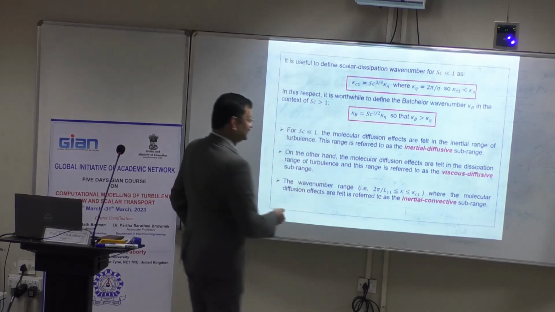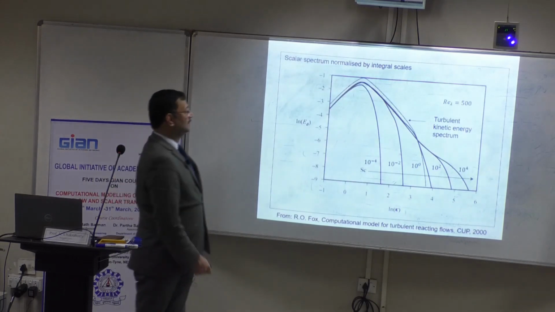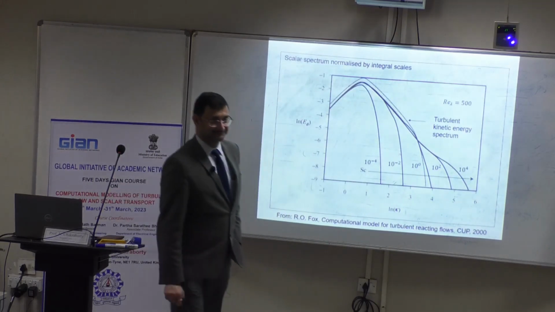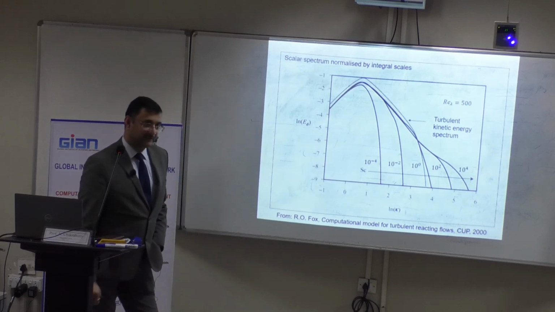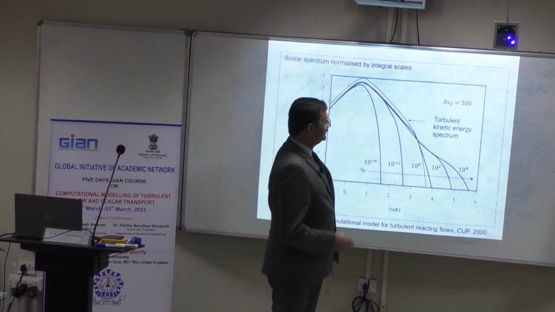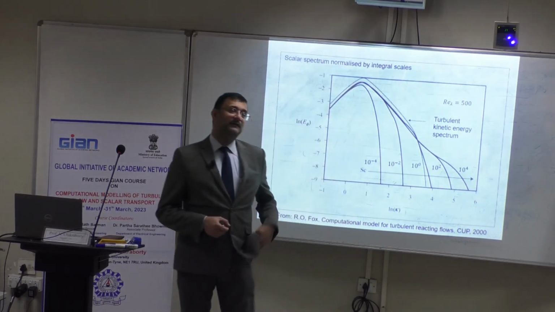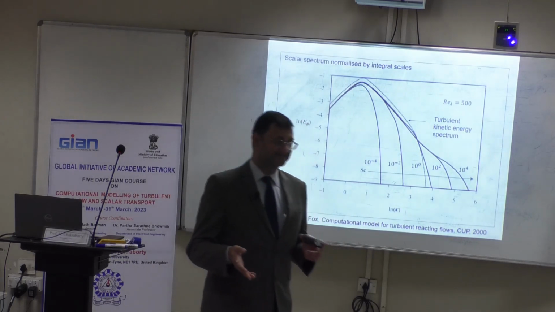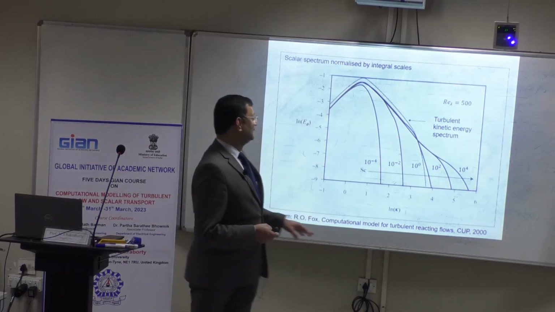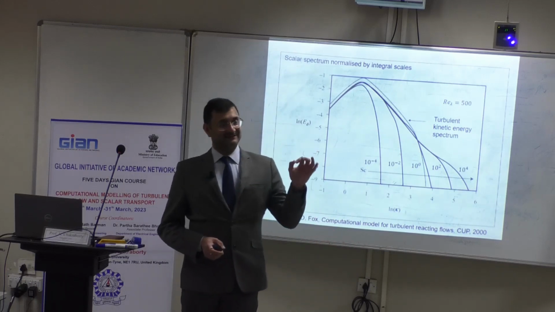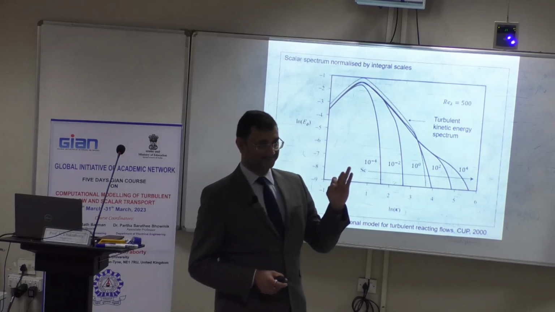I have already talked about this. So this is how it looks like. Okay? A couple of things to note. If you are thinking about a direct numerical simulation, effectively in direct numerical simulation, the smallest length scales need to be resolved.